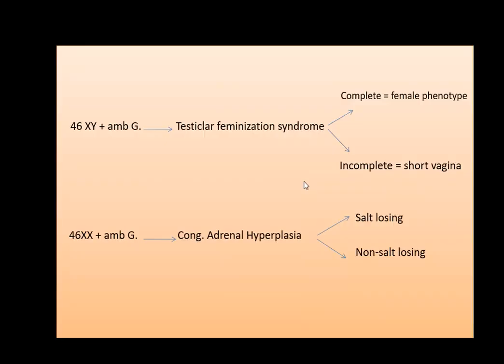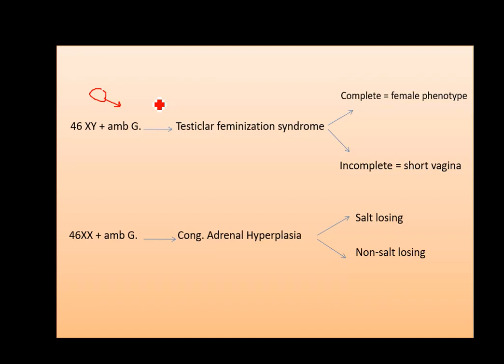This slide shows two descriptive disorders. The first one, in the upper part, shows the 46XY karyotype. This is the 46XY karyotype, meaning a male with ambiguous genitalia. This leads to either incomplete or complete phenotypic expression.